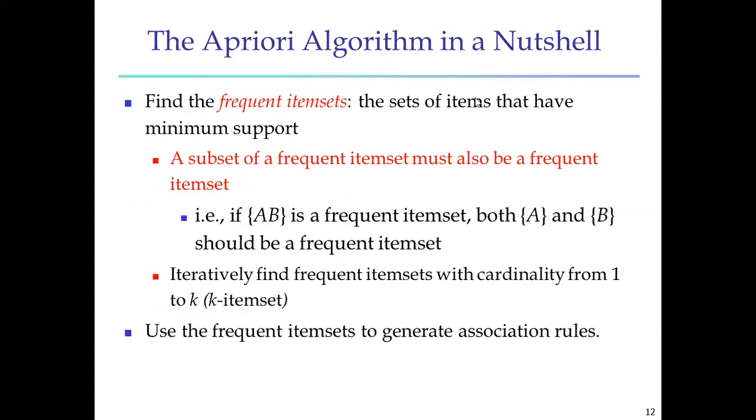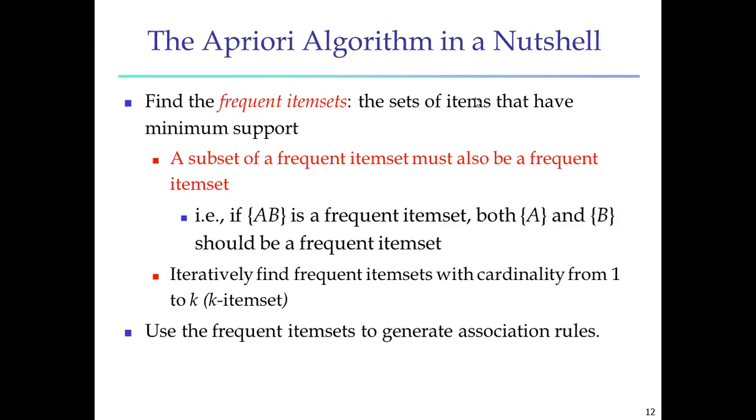For example, a set with the two items A and B is a frequent item set only if both the individual A and B items are also frequent item sets.